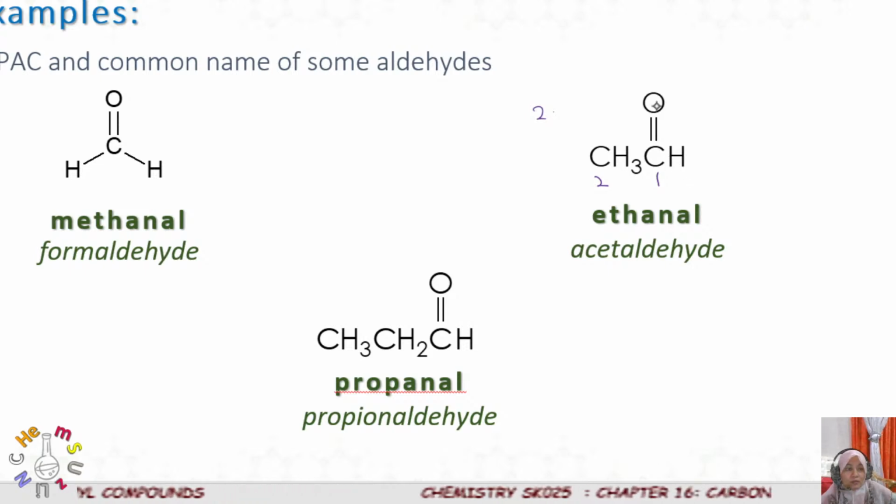Here we have C double bond O, so we call it ethanal, and the common name is acetaldehyde. Number 3, we have three carbons. With three carbons it is propane, and because we have the C double bond O H here, we name it propanal, or the common name is propionaldehyde.